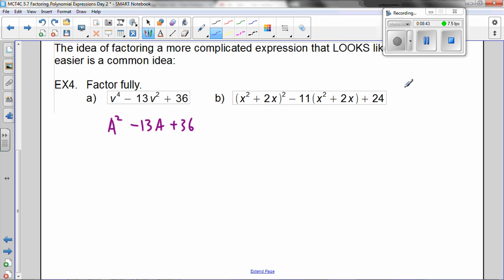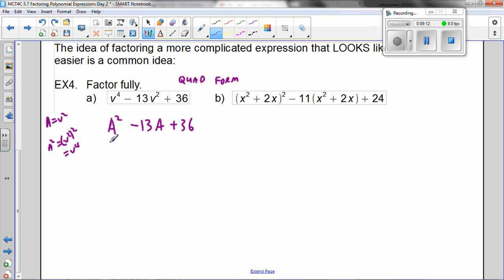This is what's called quadratic form. And here where the v squared is, I've put an a in its placeholder. Instead of having v squared, which makes it an exponent 4, let's just put a. And notice that a squared, v squared is v to the exponent 4. So I haven't cheated or anything like that there.